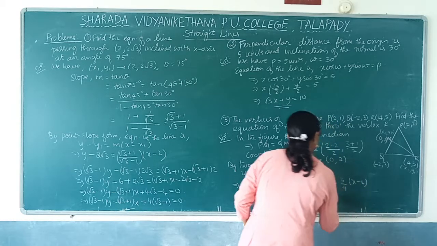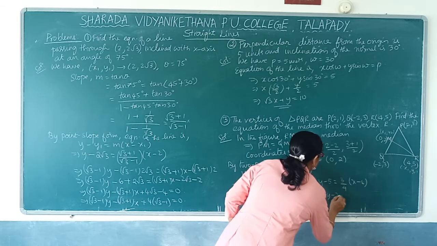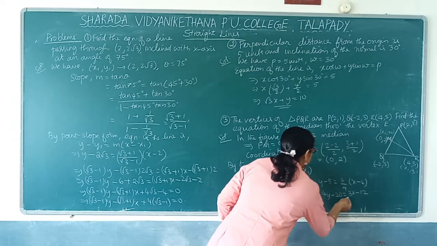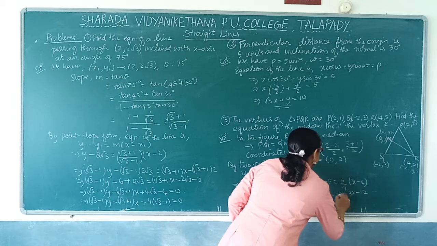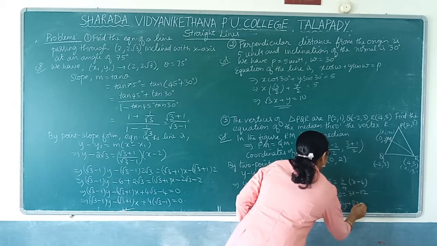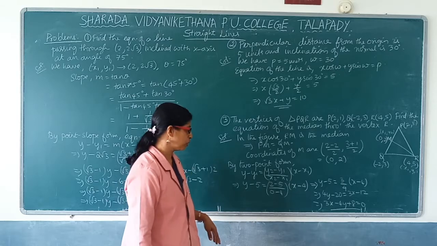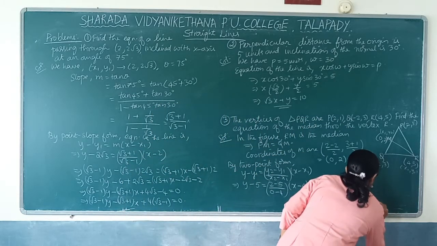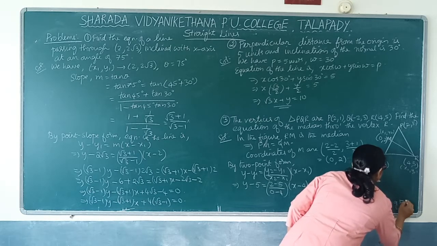We can cross multiply, 4 is a common denominator here. 4y minus 20 is equal to 3x minus 12, or you can bring y that side. 3x minus 4y plus 8 is equal to 0. This is the equation of the median.